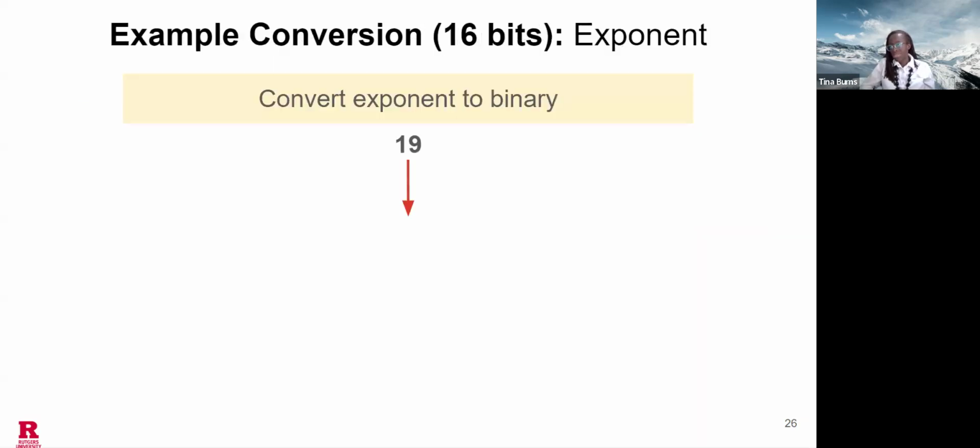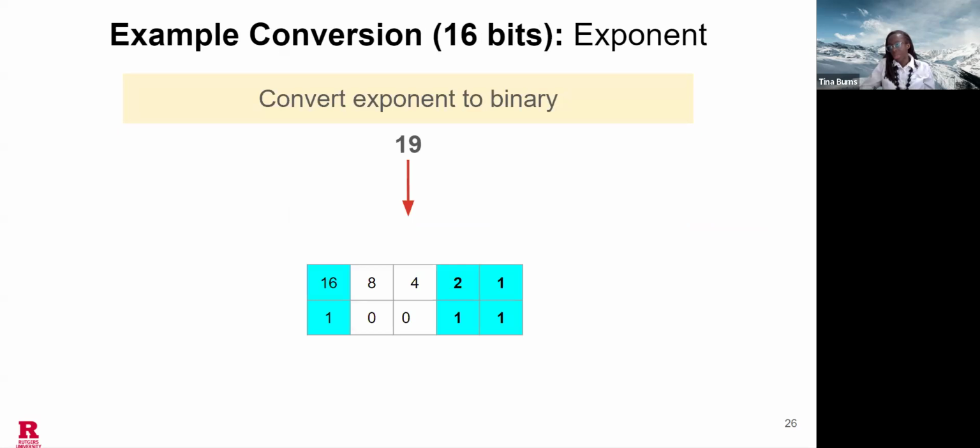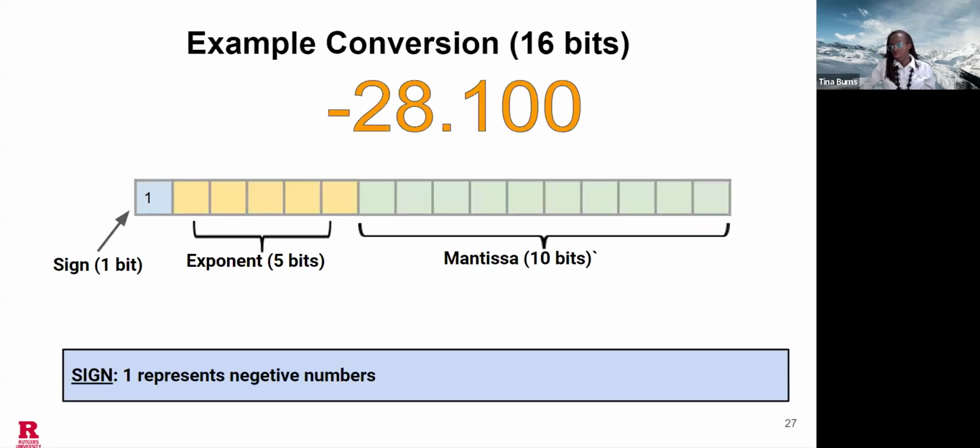So now I take 19 and I convert that to binary, and that gives us 1.0011. So now I know what my exponent is in 5 bits. It is 1.0011. So now I have 2 portions of it.